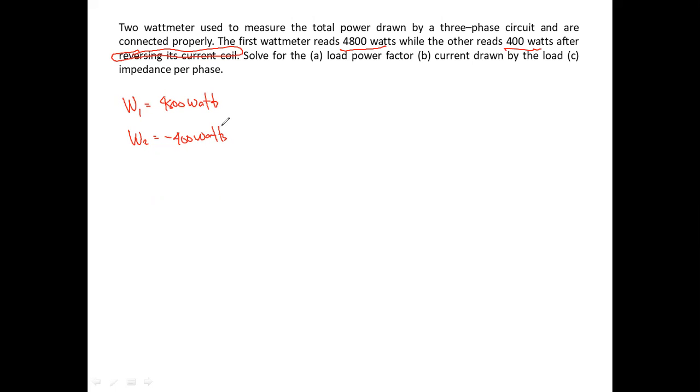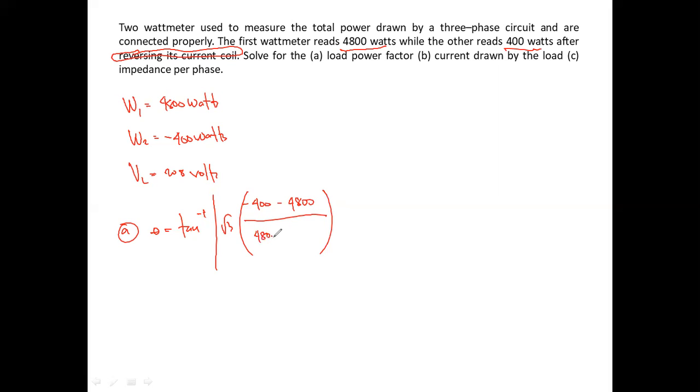We are asked to calculate the following: the load power factor, the current, and the impedance per phase. Let us say that the line voltage in this problem is 208 volts. For letter A, you can calculate the power factor first, so that's theta equals tangent inverse of square root of 3 times wattmeter 2 minus wattmeter 1, over wattmeter 1 plus wattmeter 2.